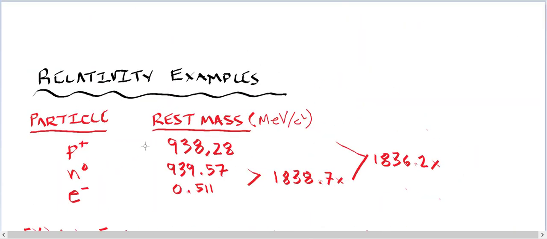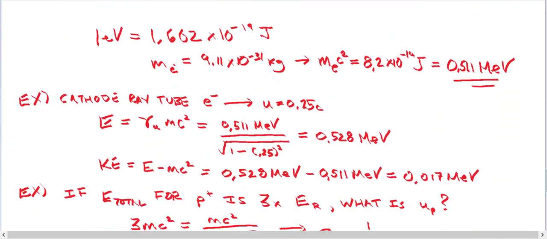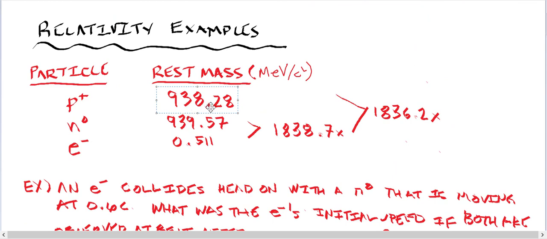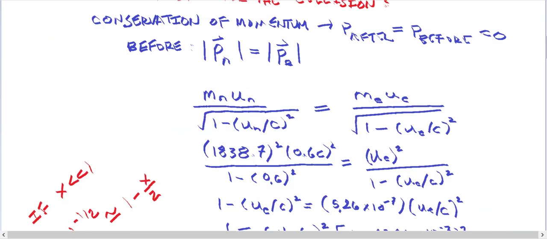The rest mass of the proton is close to 940 MeV over c squared.